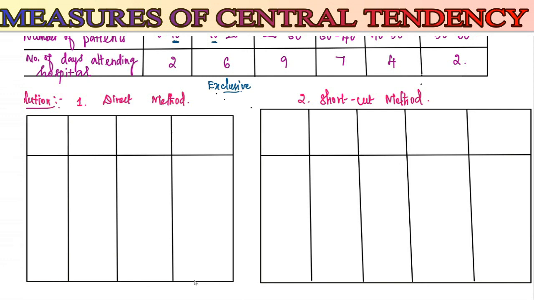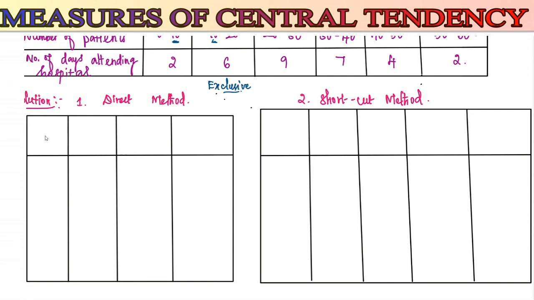If not, you have to convert the inclusive form into exclusive form. Inclusive form is when the upper limit of the first class interval is not equal to the lower limit of the next class interval. When it is not equal, we call it inclusive form. If it is equal, then it is exclusive form. So the given question is in exclusive form, so I can start solving the problem.